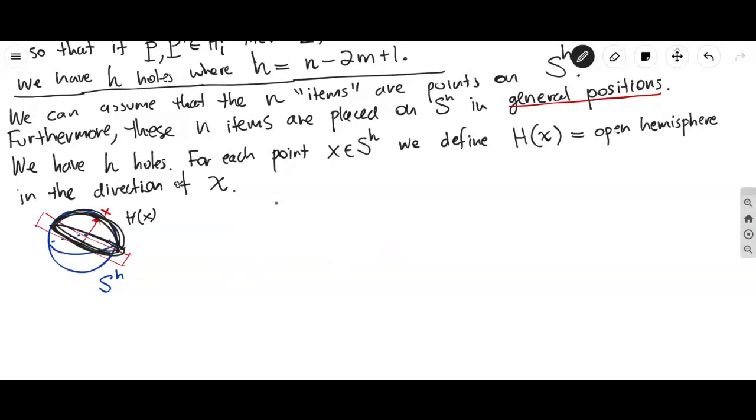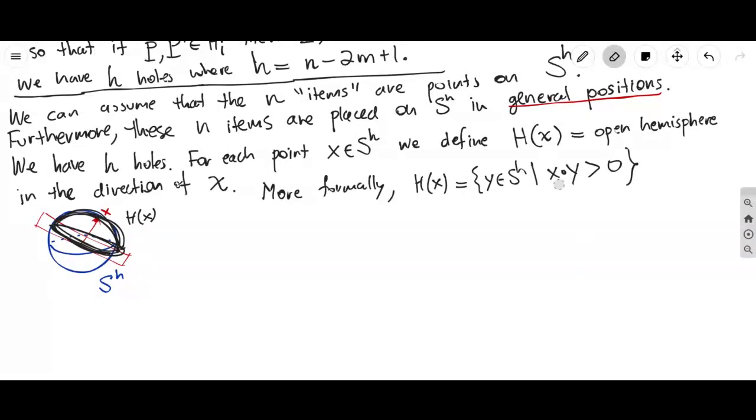If you want to write this out more formally, H of x would then be points y on this sphere with the property that the dot product between x and y stays positive. Because the dot product will tell you the angle relationship between the two vectors. So if you have something that is part of the hemisphere, then the angle between x and any point on the hemisphere is acute.